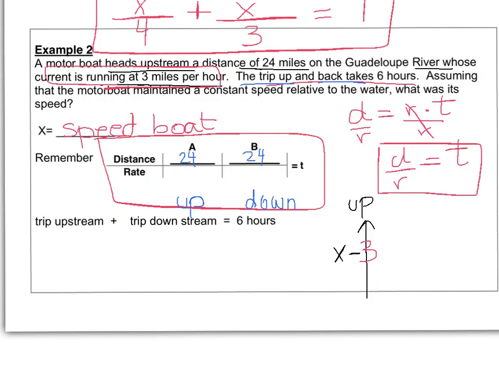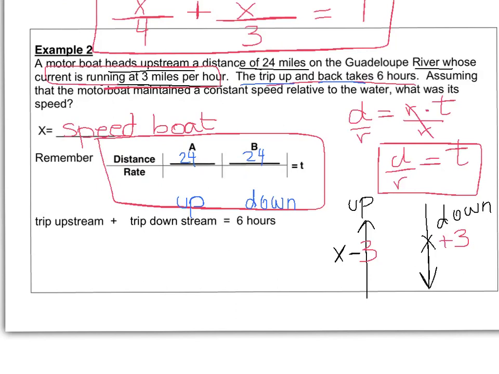Now remember, if you're going downstream, then basically your speed is x. But think of it, when you're going downstream, you're basically being carried by the current. So in this case, the river is helping you, so you're going faster. So it's going to be plus 3. So remember, upstream, it's harder to swim.